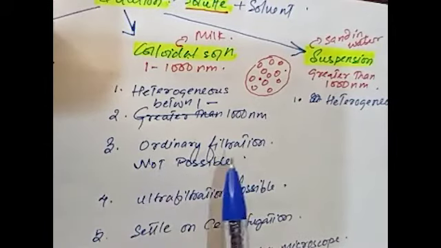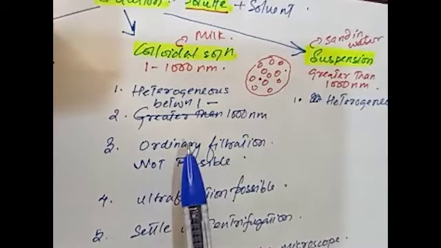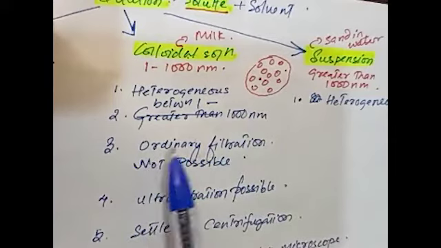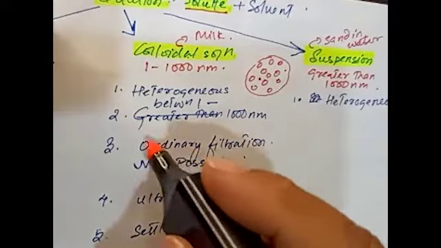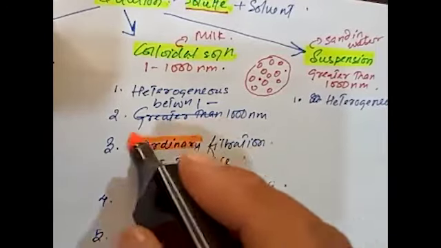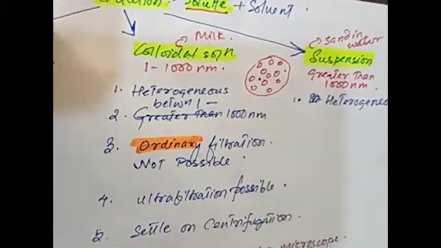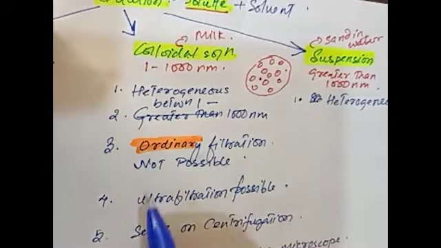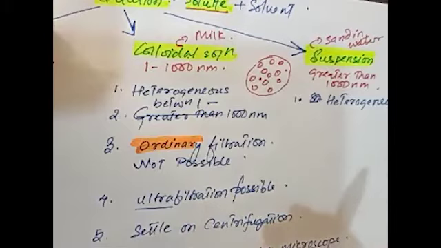is not possible. Simply, if you pour milk into a filter, you cannot separate its water and fats. Ordinary filtration is not possible; if I have written ordinary, that means special filtration is possible. Ordinary means normal filtration cannot separate the fats and the water. So what is possible is a very fine kind of filtration, known as ultrafiltration.